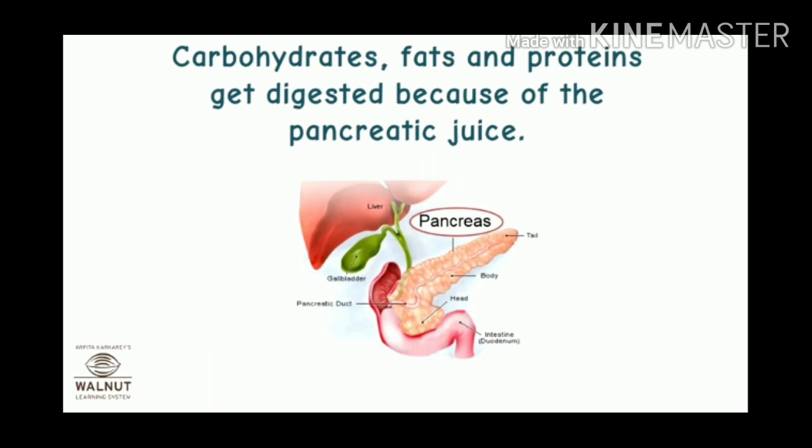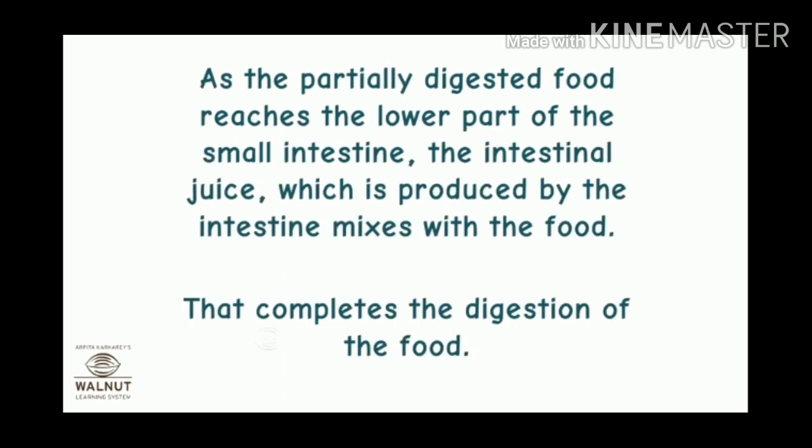Carbohydrates, fats and proteins get digested because of the pancreatic juice, which is secreted from a leaf-like structure known as the pancreas. As the partially digested food reaches the lower part of the small intestine, the intestinal juice, which is produced by the intestine, mixes with the food and completes the digestion of food in the intestine.